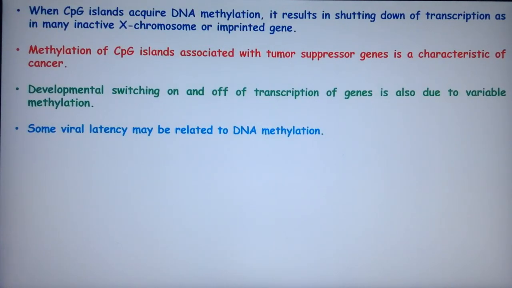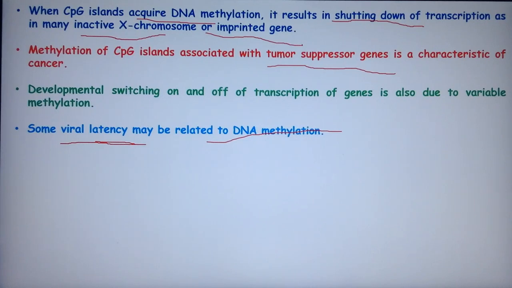So when CpG islands acquire DNA methylation, it results in shutting down of transcription, as in the inactive X chromosome or imprinted genes. We'll discuss this in X chromosome inactivation, and we have discussed this. Methylation of CpG islands associated with tumor suppressor genes is characteristic of cancer, and developmental switching on and off of transcription of the gene is also due to variable methylation, and some viral latency may also be related to DNA methylation.